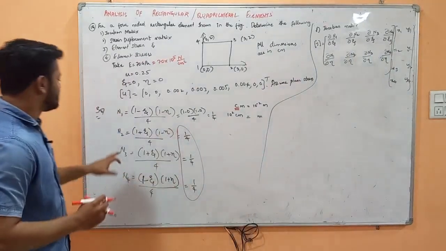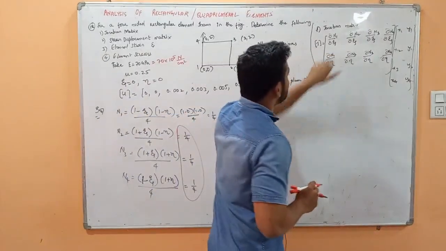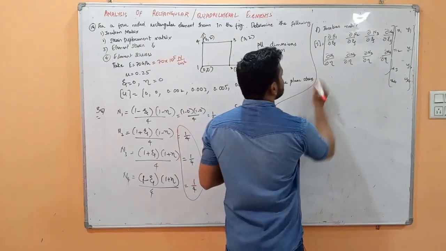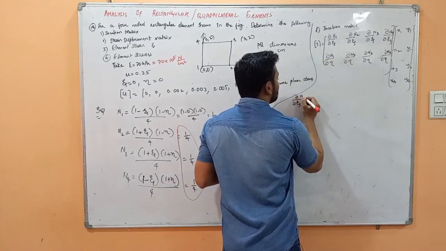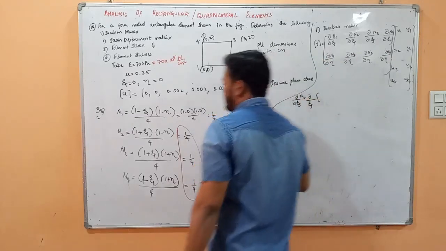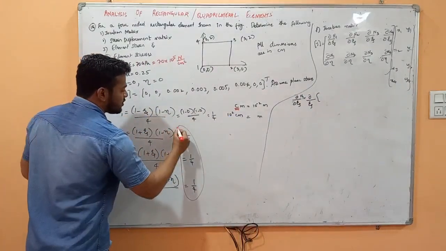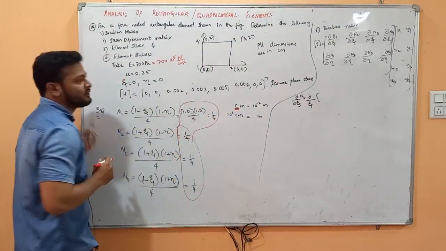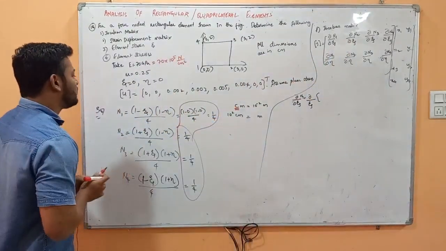So first we have to find the differentiation, that is ∂/∂xi of N1. Don't substitute the constant value, because then we are going to get completely 0. So before substituting, what is the formula?